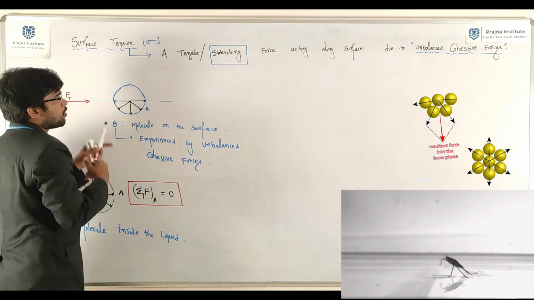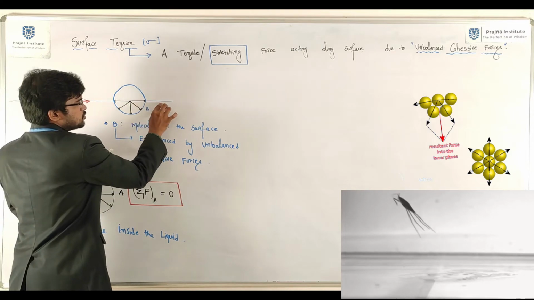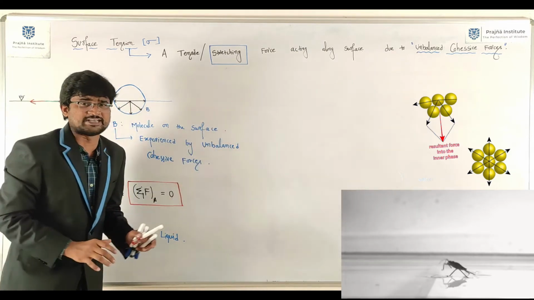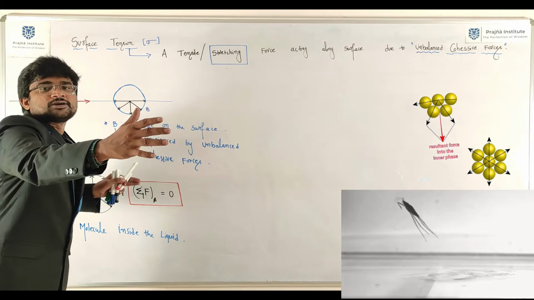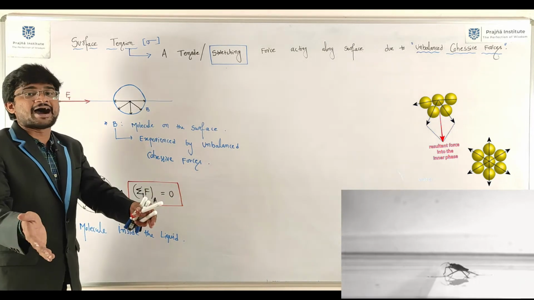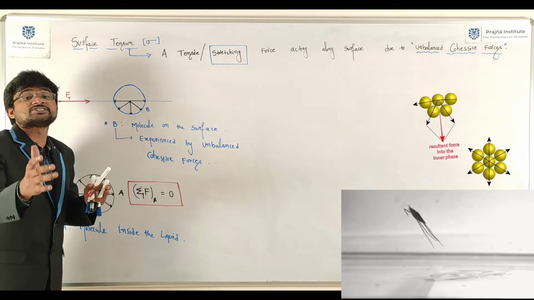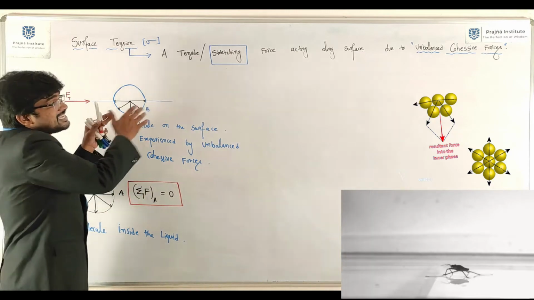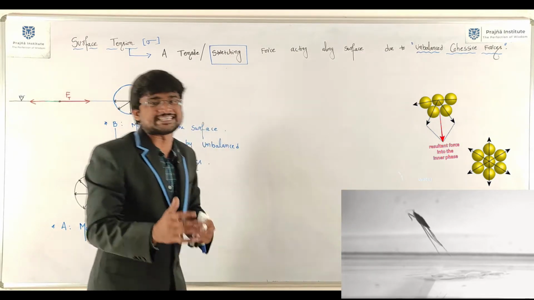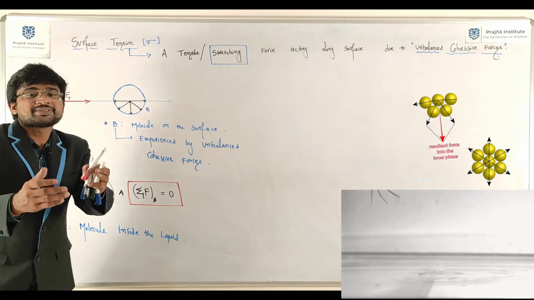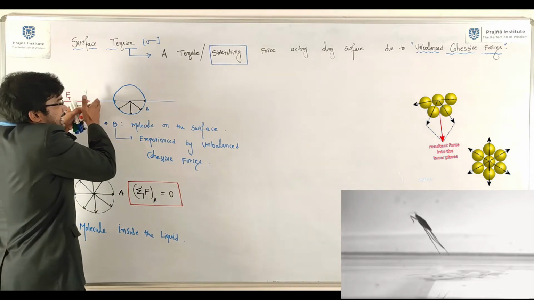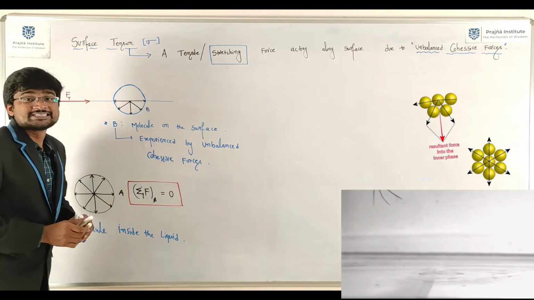Here, molecule B is surrounded by many molecules present on the surface. All these molecules experience unbalanced cohesive forces. Due to these unbalanced cohesive forces, some stitching action takes place on the surface.